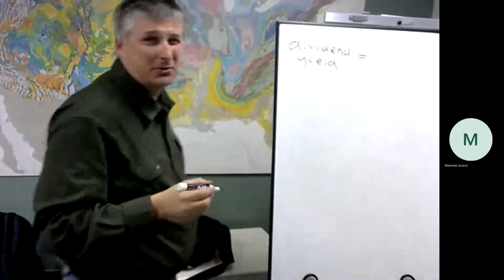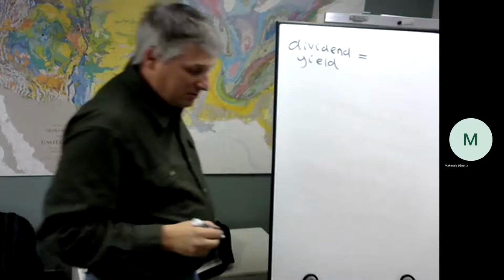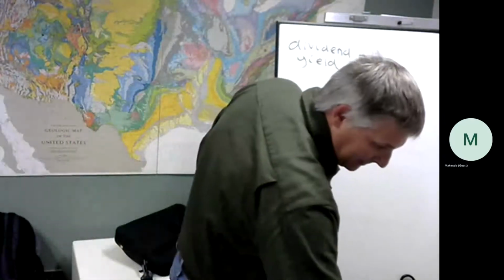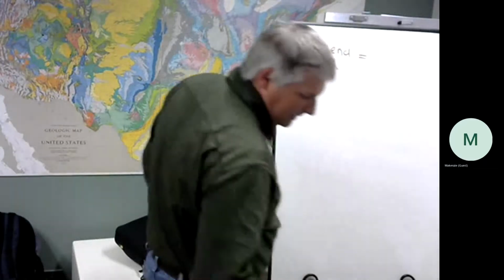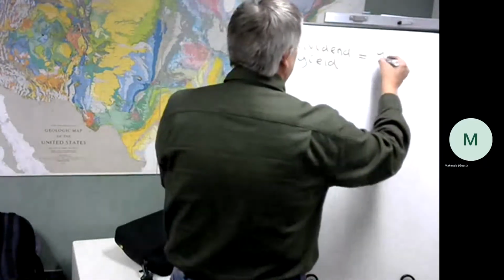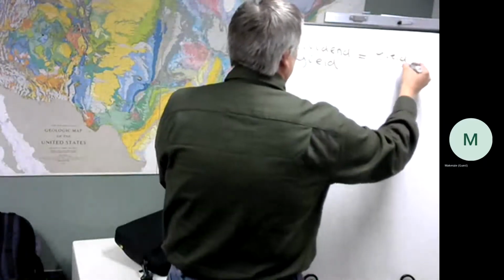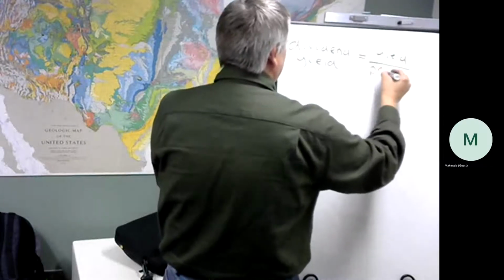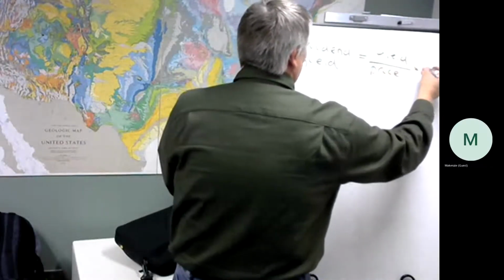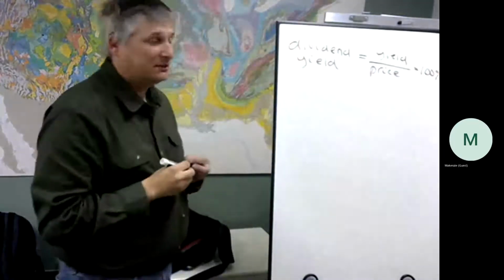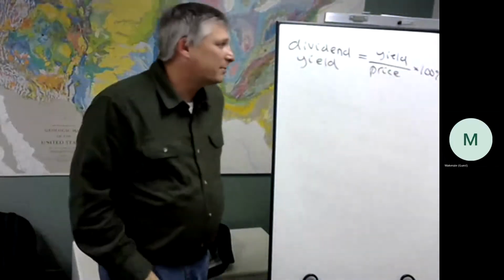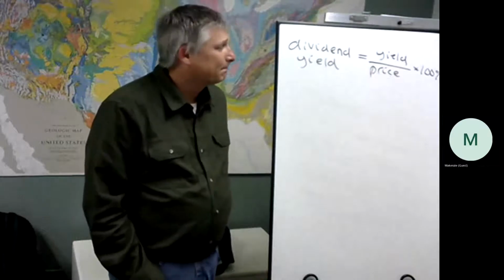You can use the simple interest approach, but what I'm going to do is this: it's the yield over the price times 100%. That's your dividend yield. Yield divided by price times 100.